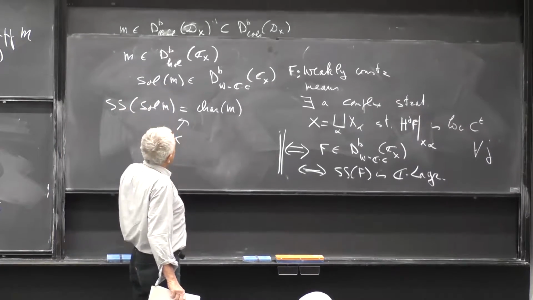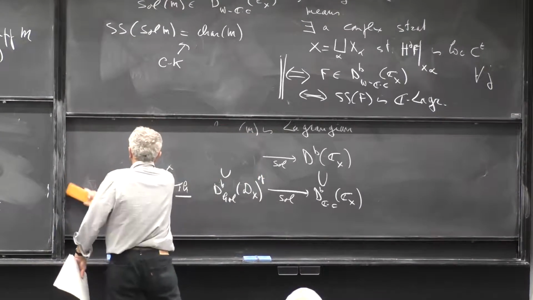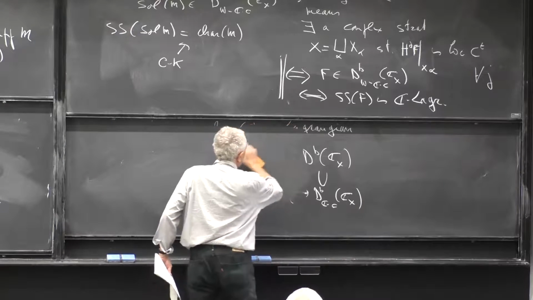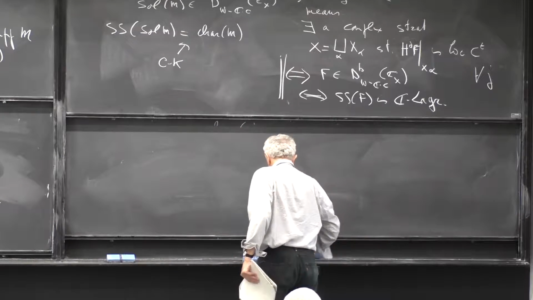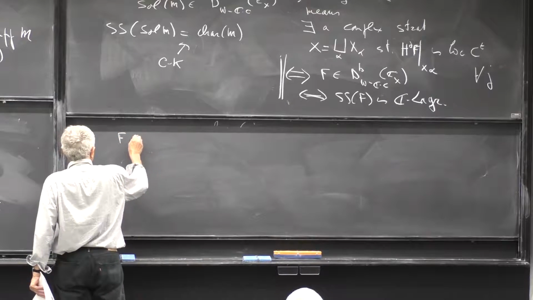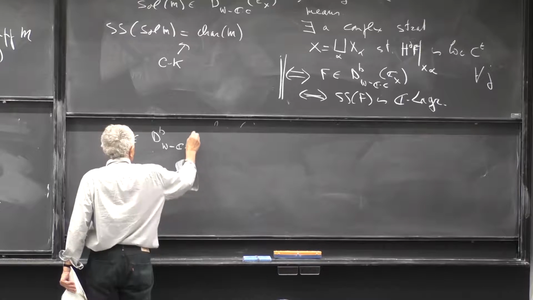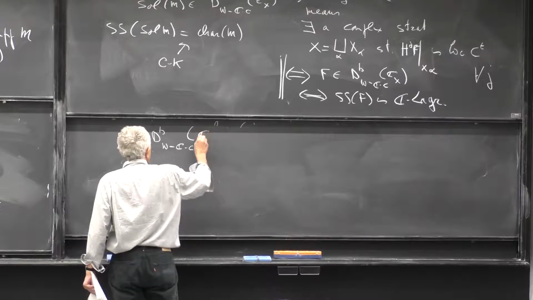So what does it mean to be constructible? Let F be a sheaf, assume it's already weakly constructible.